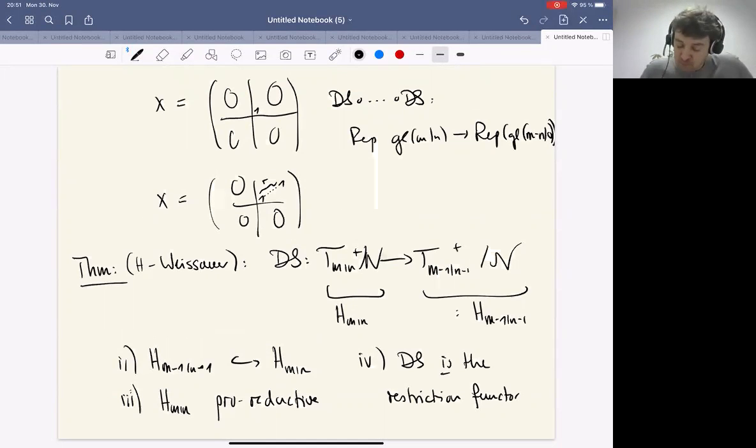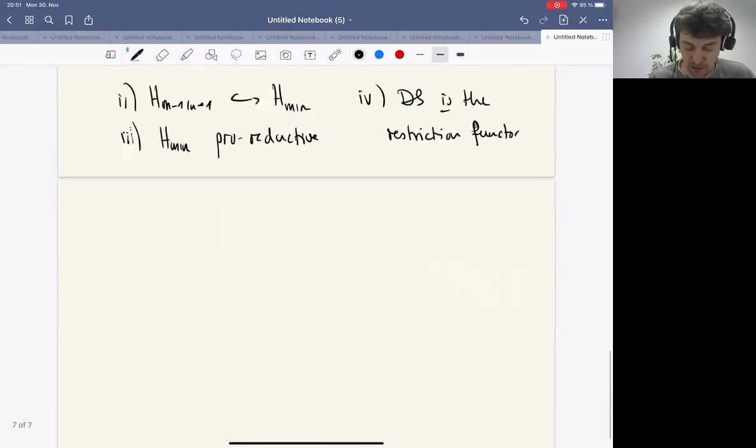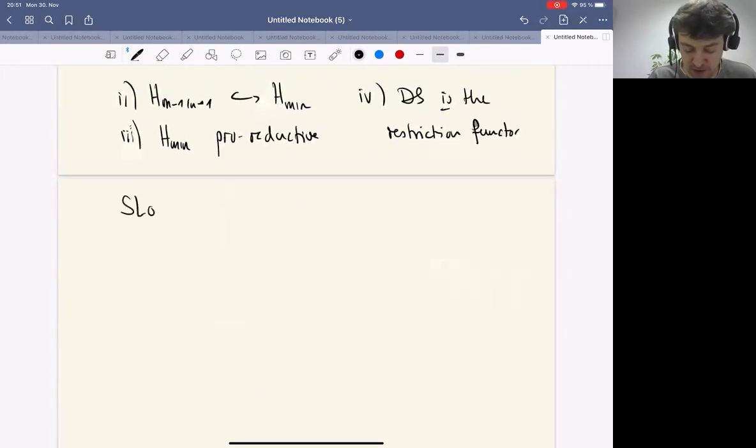Okay. And so using the theorem, we were basically able to determine these HMNs in the case M equal to N. So what do you do if you're in the case M different from N? Here's a slogan, how to think about this.